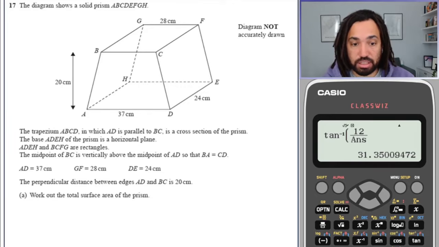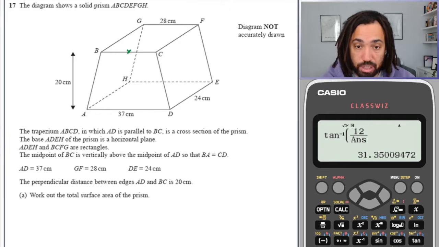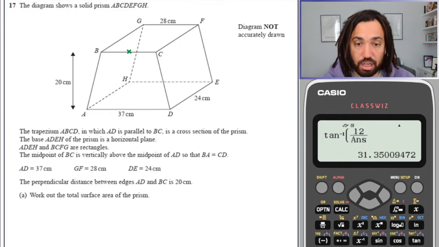And we have this, and it says that those are rectangles, and it says that BC is vertically above the midpoint of AD. Okay, so the midpoint up here is vertically above the midpoint down here.